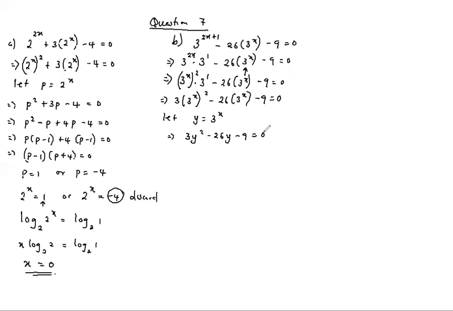So what we have is 3y squared minus 26y minus 9 is equal to 0. You multiply 3 by 9, you get 27, negative 27. And the sum is negative 26. That's an easy thing to break. So you say 3y squared, you need a minus. First you start with the plus y, and then minus 27y minus 9 is 0. Yeah, it makes sense now.